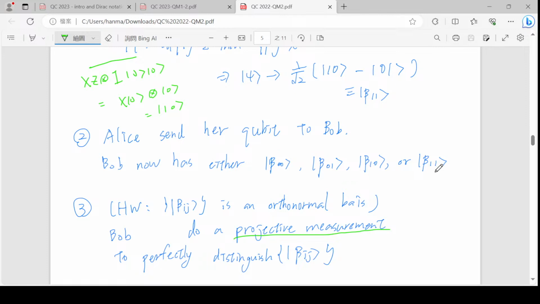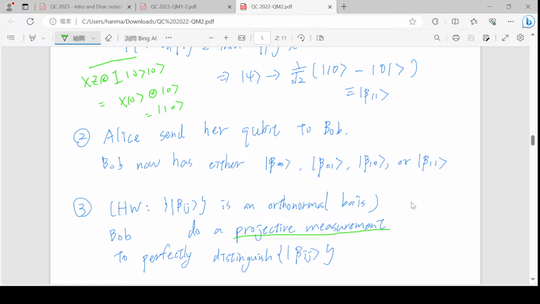And you can check in your homework to see that those 4 states actually form an orthonormal basis in your 2-dimensional space. And because they are an orthonormal basis, Bob can do a projective measurement to distinguish those 4 perfectly, because they are orthonormal to each other.